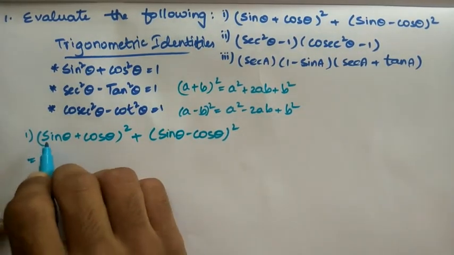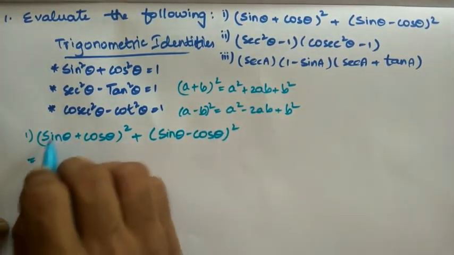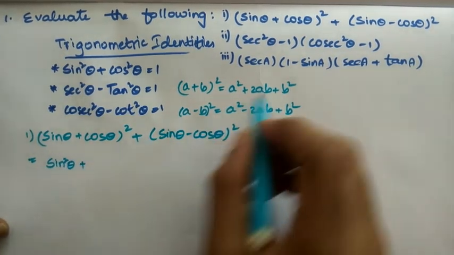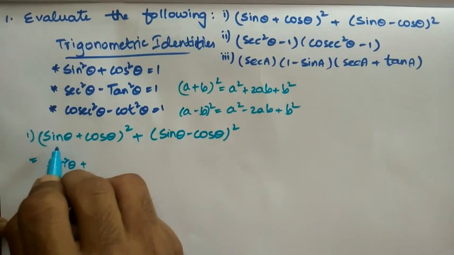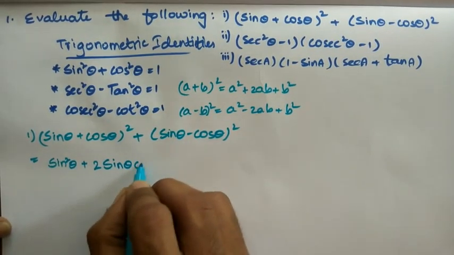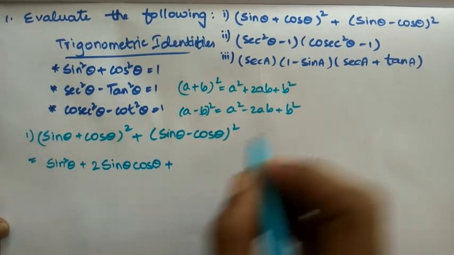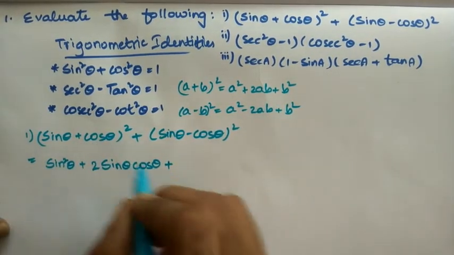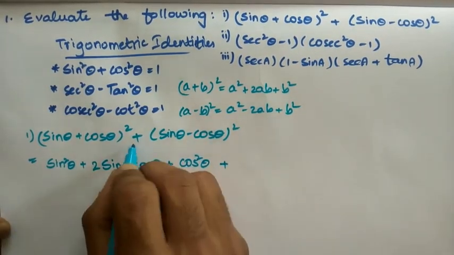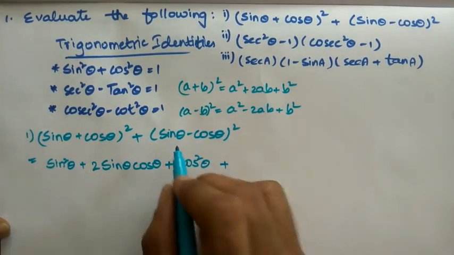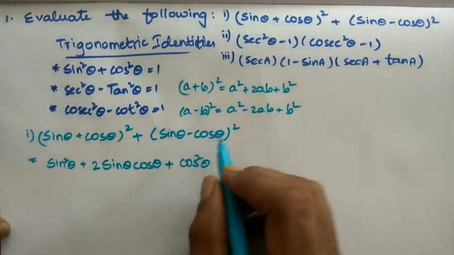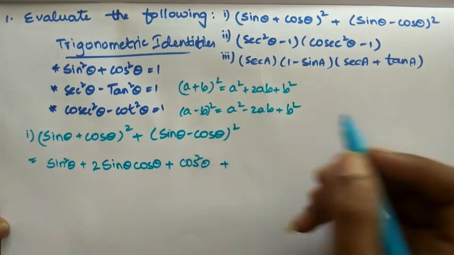So the first term can be written as sin square theta plus 2 sin theta cos theta plus cos theta whole square, that is cos square theta, plus, and the second is of the form a minus b whole square.